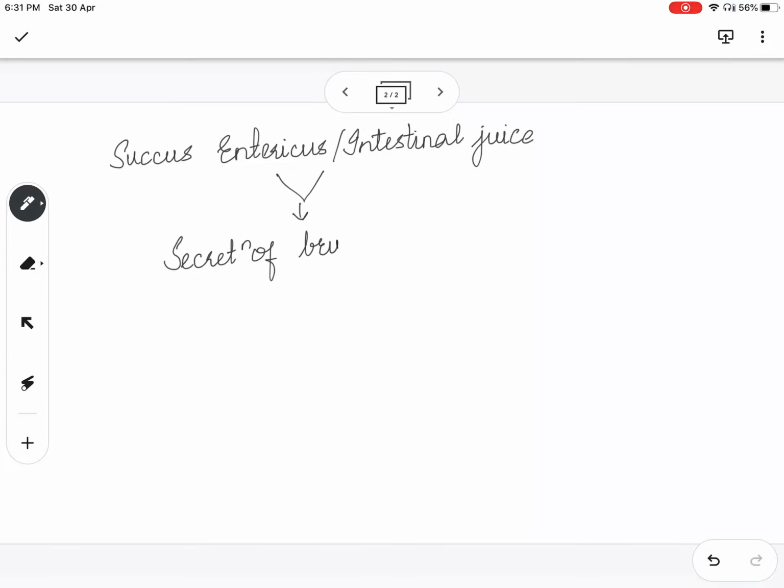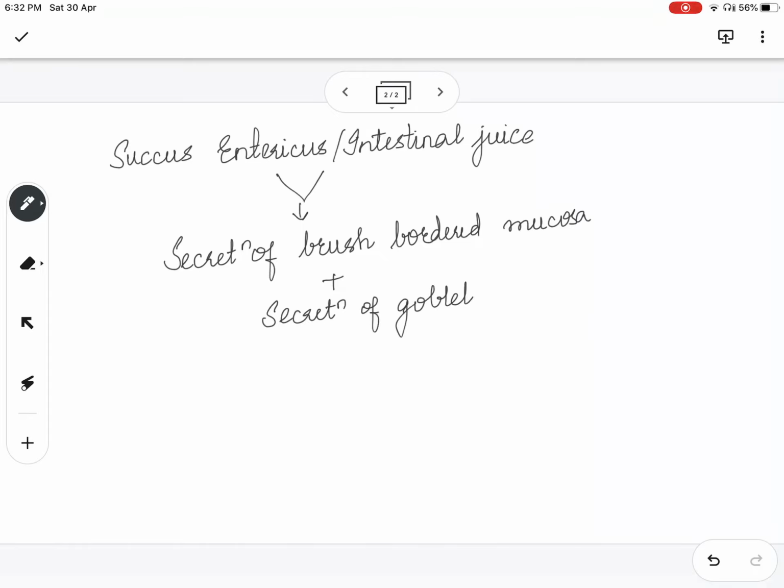Secretions of brush bordered cells. Now, if we remember studying in the histology of the digestive system, we have come across mucosa, submucosa, correct? So over there in the mucosa region, there are certain brush bordered cells, that means hair kind of cells, which along with the secretions of the goblet cells together constitute what?